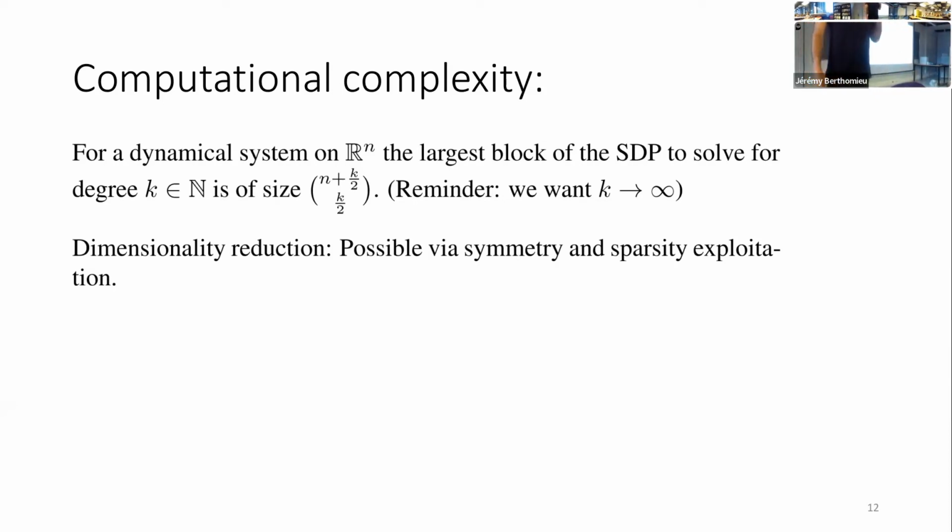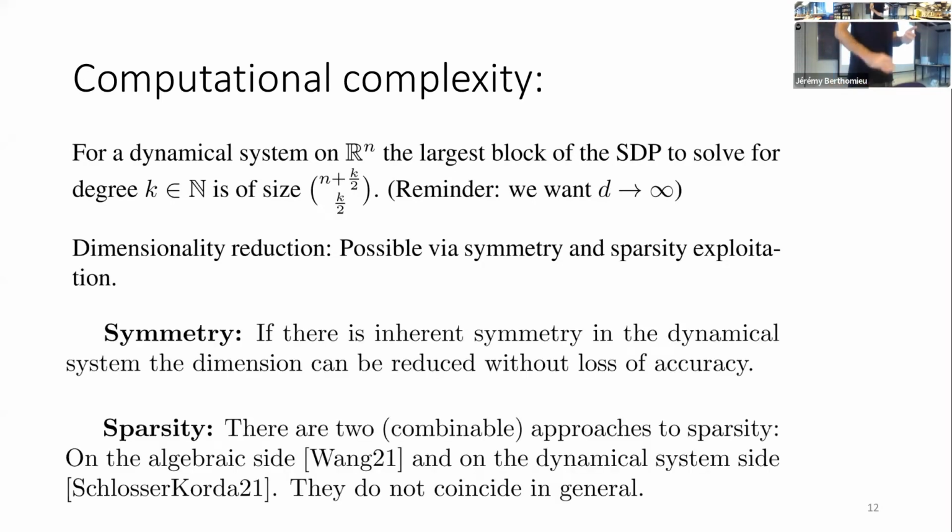So that means dimensionality reduction is needed, and there are different ways to do this. One is using symmetry, for instance, and the other is sparsity. The good case about symmetry is if my dynamical system carries some inherent symmetry. For example, the vector field carries some symmetry, and I have good symmetry of my set X. Then I can exploit the symmetry and reduce the dimension of my problem without sacrificing accuracy. And for sparsity, I'd say there are two different approaches.